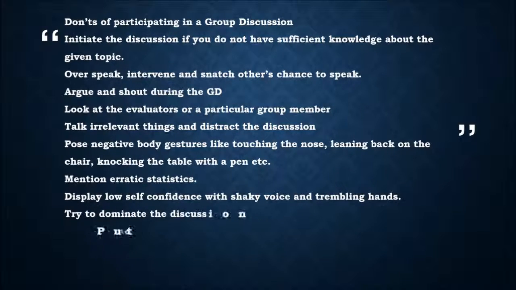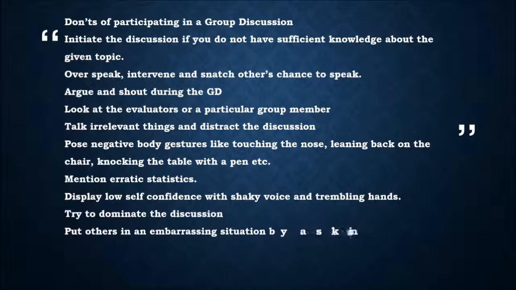Pose negative body gestures like touching the nose, leaning back on the chair, knocking the table with a pen, etc. Mention erratic statistics. Display low self-confidence with shaky voice and trembling hands. Try to dominate the discussion. Put others in an embarrassing situation by asking them to speak if they don't want.